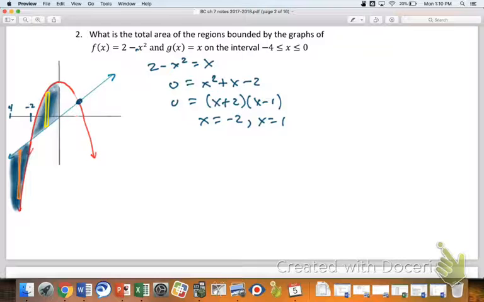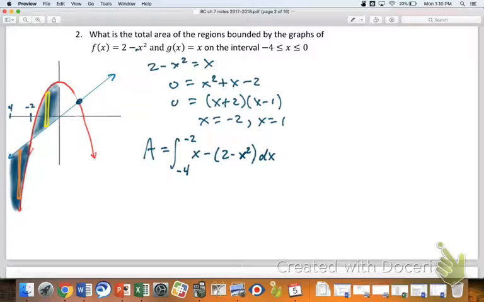I would say the total area equals the integral from negative 4 to negative 2. That's going to be the area with the orange representative rectangle. And it's going to be line minus parabola. So it'd be x minus quantity of 2 minus x squared dx.